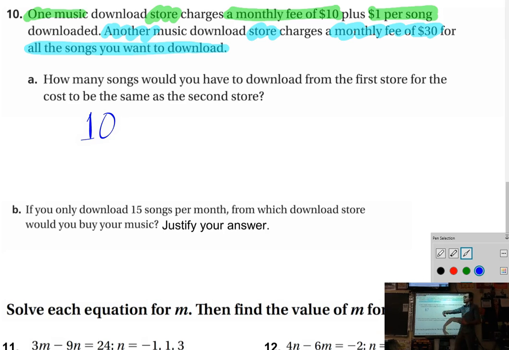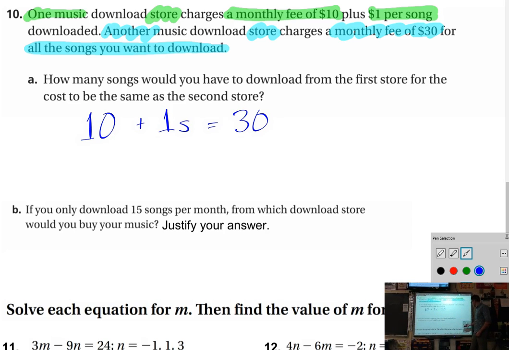So if we look at just a month, the $10 is only going to happen once, plus however many songs I download, that would be 1S. I want that to be equal to my other store, which is just $30 for the month. I can download as many songs as I want. So this is kind of easy because they made the variables nice to work with. 10 plus 1 times something is going to equal 30.